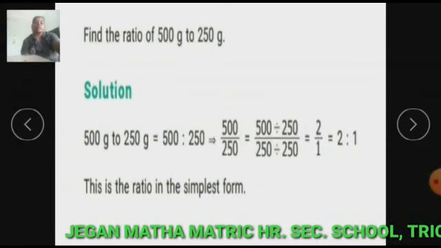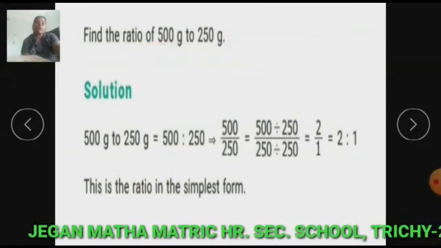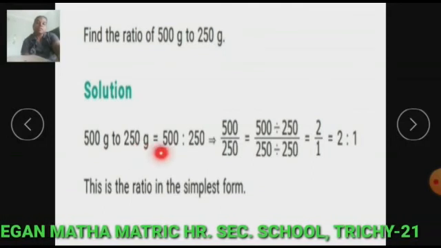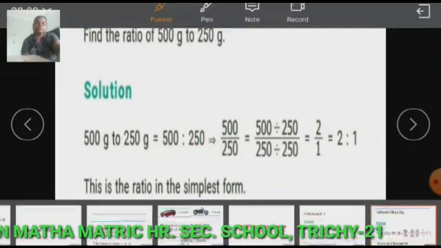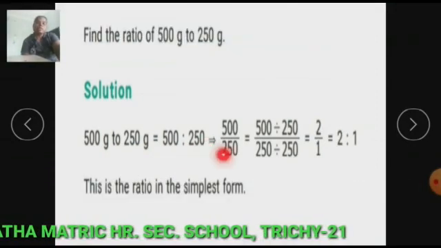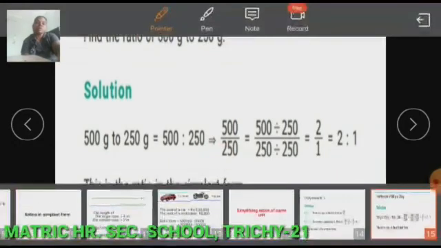Example 2. Find the ratio of 500 gram to 250 gram. 500 gram to 250 gram equal to 500:250. Write this ratio form in fraction form as 500 divided by 250.